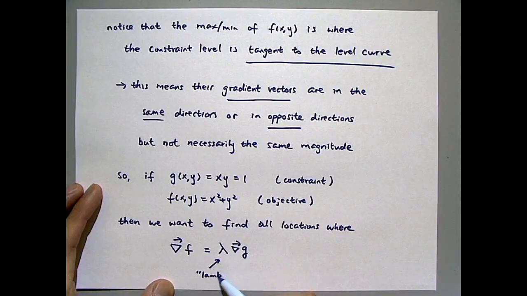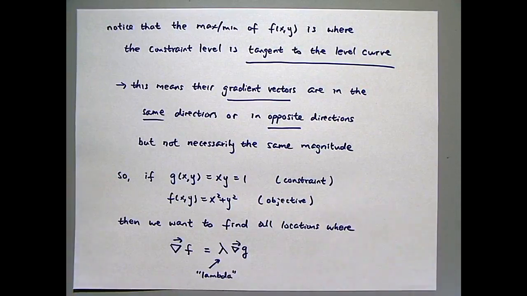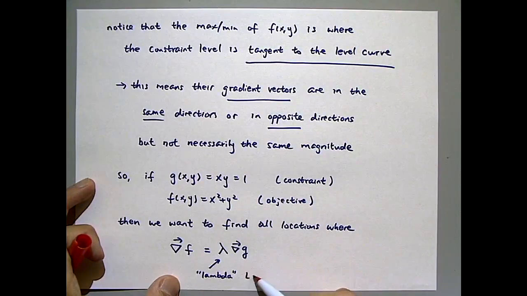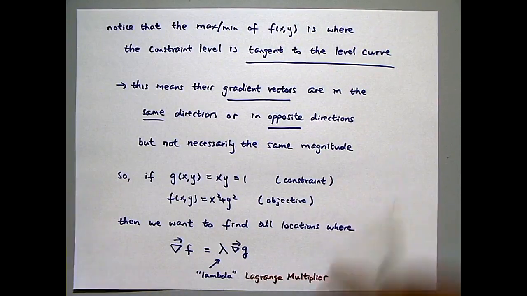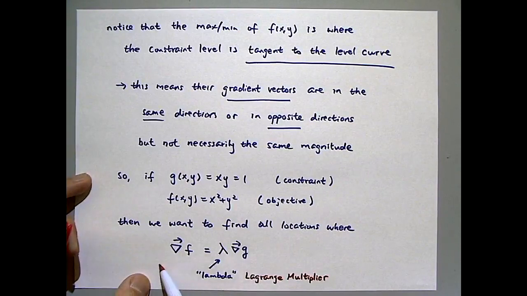And this thing is called the Lagrange multiplier. All right, so this is the key equation.